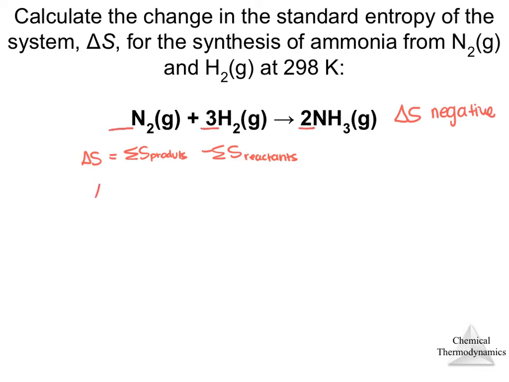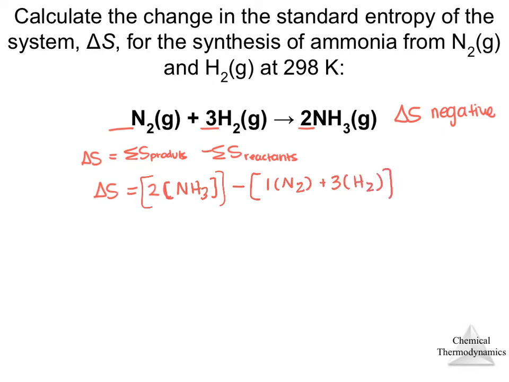So we're going to start with our delta S is going to be equal to 2 of our NH3, minus, that's one thing, 1 of our N2s plus 3 of our H2s.